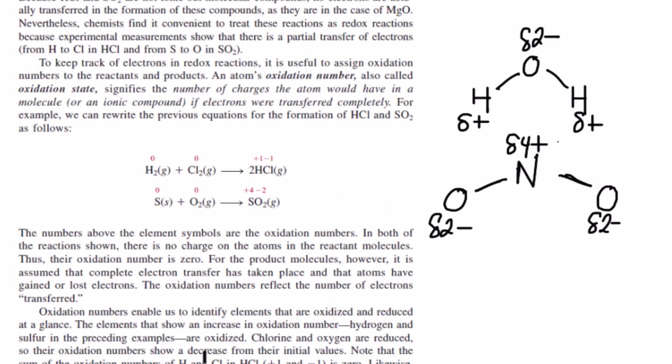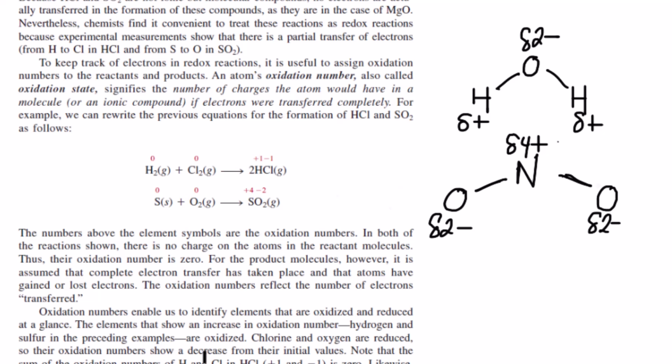And so what we do is say that if a compound has any degree of polarity, then we assume that hypothetically all of the electrons that are the cause of that polarity are fully transferred to the corresponding atoms in which those electrons are skewed, to create these hypothetical ions. And whatever the charge is on these hypothetical ions, that charge number is the oxidation number that's assigned to the atom. And that's it.